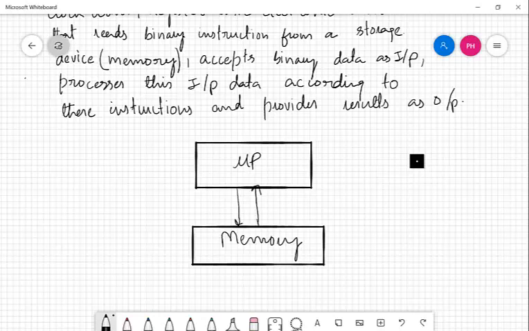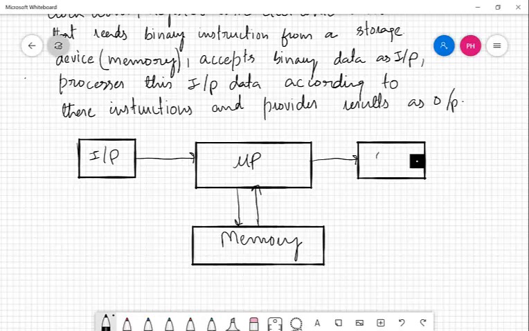And also there are peripherals, there are input devices from which data goes to the microprocessor, and after processing this data according to these instructions read from memory, we get some output. This is the basic computer system. We all know the basic blocks: processor, input output peripherals, and memory.